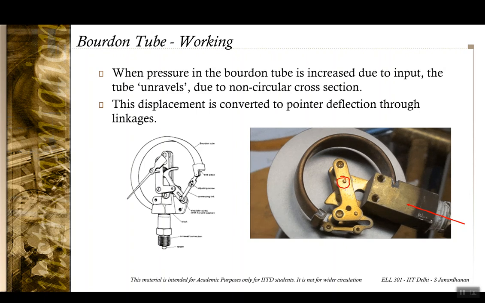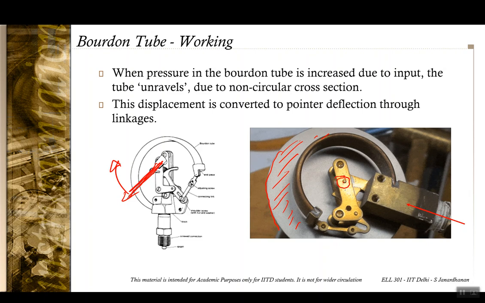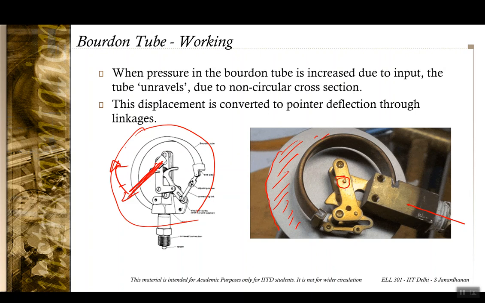We are not able to see the gear because it is behind this bar, but the movement of the gear is captured on a pointer placed on the circular disc. It is on the other side, so you can't see it, but you can easily imagine that this motion is going to cause this pointer to move in this manner. And if there is a graduated scale here, it is obvious that we are able to read pressure.